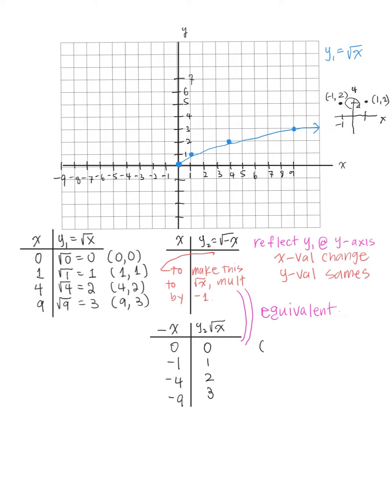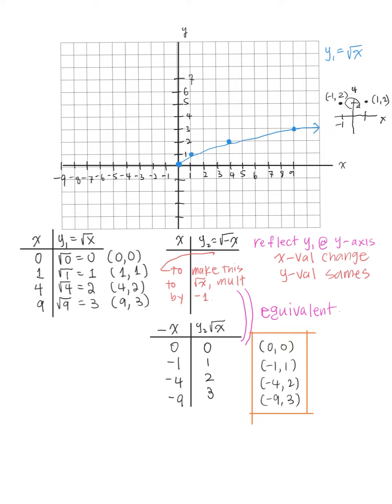So we're going to be plotting (0, 0), (negative 1, 1), (negative 4, 2), and then (negative 9, 3). All right, so let's do that in a different color. So let me just box this. Let's clean up this chart a little bit before we start graphing.